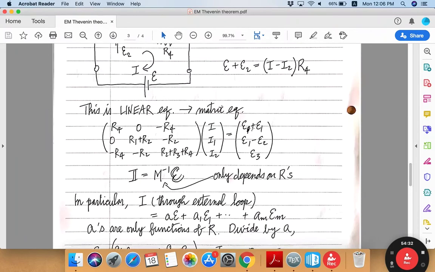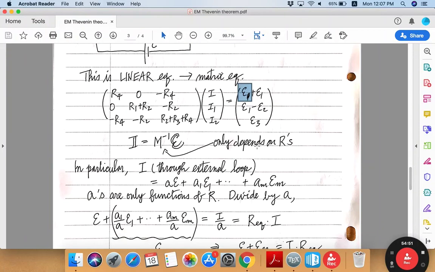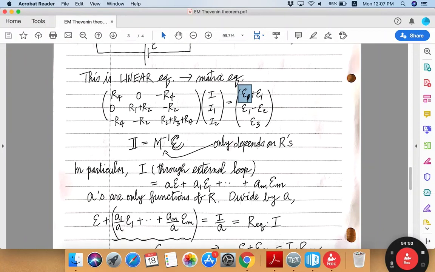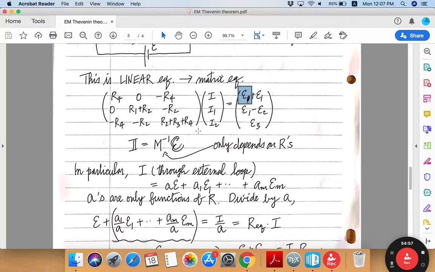So now what that means is that in this problem you choose epsilon to be 0, but keep epsilon 1, epsilon 2, epsilon 3 as finite, and then do the matrix inversion and so on.